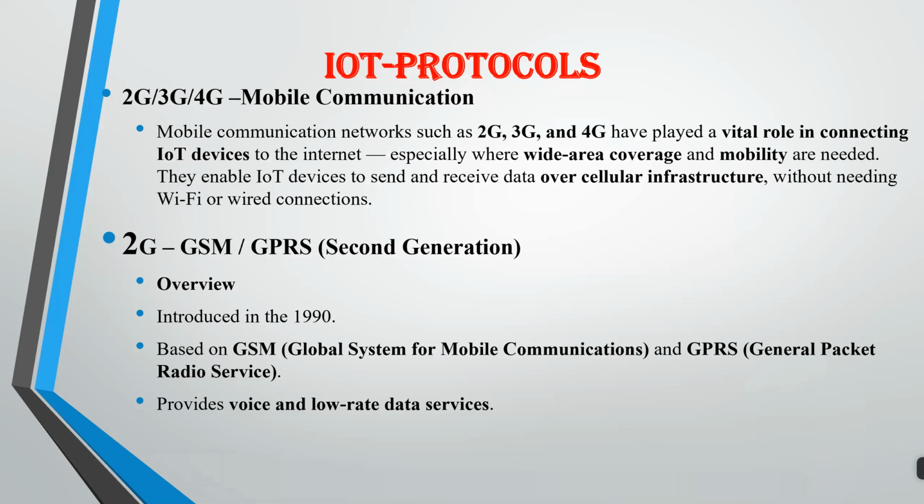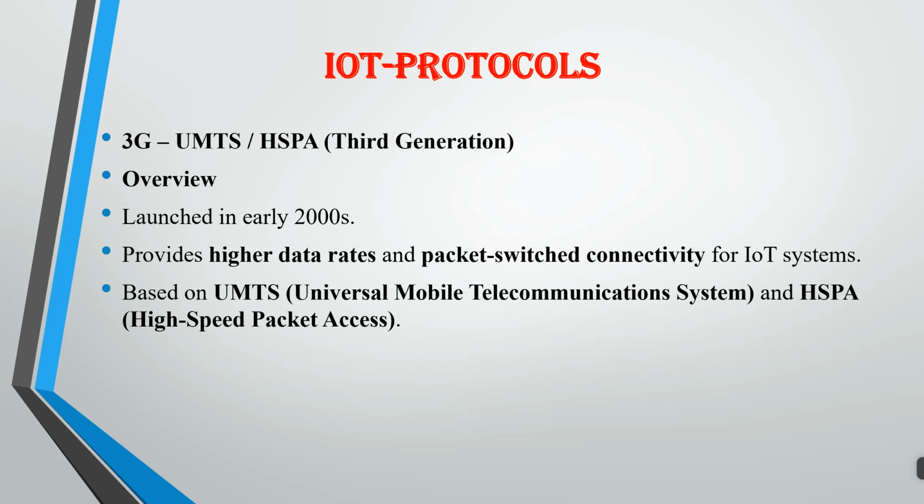So already we know that the link layer even uses 2G, 3G as well as 4G mobile communication. So we have mobile communication networks such as 2G, 3G, 4G. Today even 5G has come. So all these protocols are well used by the link layer for IoT communication. 2G is an old protocol used for GSM, Global System for Mobile Communication, and it uses GPRS, General Packet Radio Services, low rate data services. 3G is the third generation, introduced during the 2000s, with a bit higher rate; Universal Mobile Telecommunication System and High Speed Packet Access are used.